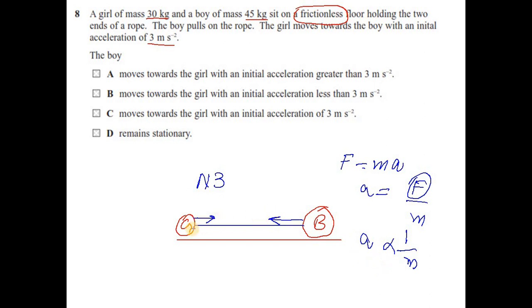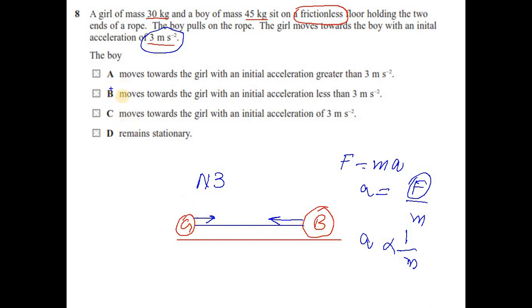So if the girl is accelerating toward the boy with an acceleration of 3 meters per second square and the mass of the girl is 30 kg, but the mass of the boy is 45, which is greater, so the acceleration of the boy should be less than the girl, and the boy will be moving toward the girl with less acceleration than the girl has.